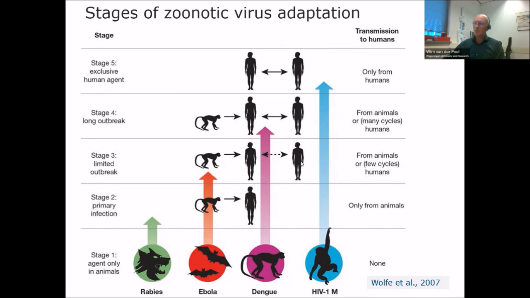So this virus originates from monkeys, but has fully adapted to the human field. This is also comparable for SARS coronavirus 2, where we see a large outbreak in humans, and the role of animals in the epidemiology is rather small till now, but that may change when more animals become susceptible to the virus.